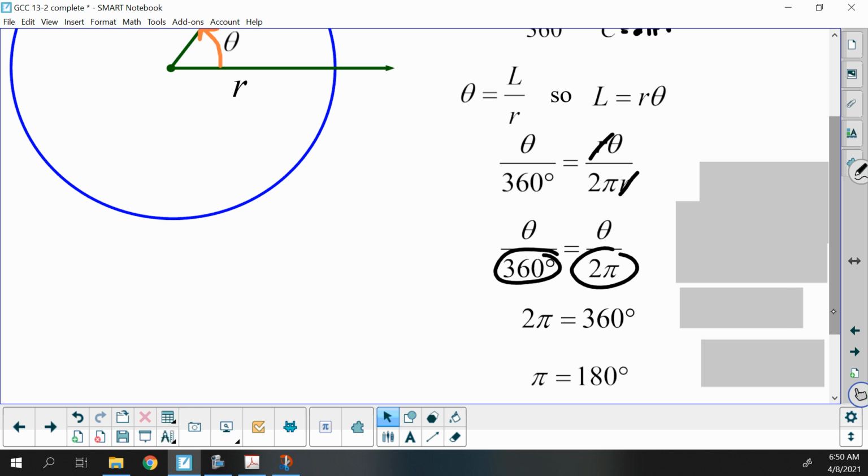If you divide by 2, that means pi is equal to 180 degrees. So pi in radians is equal to 180 in degrees. So that's your conversion between degrees and radians. So if you have pi radians, that's the same as 180 degrees.